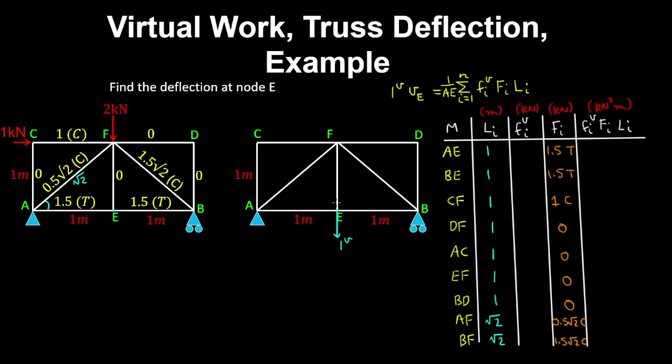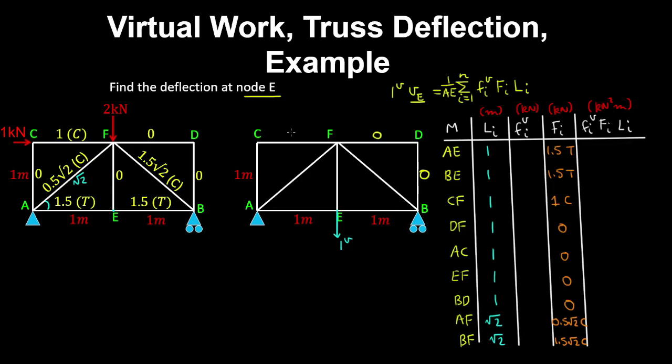And we can also use the method of joints to find the virtual forces in each member, where we've applied the virtual load at node E because that's where we want to find the deflection of the truss. So we can see that by horizontal equilibrium of joint D, we have the zero force members DF, and vertical force equilibrium gives the zero force member BD.